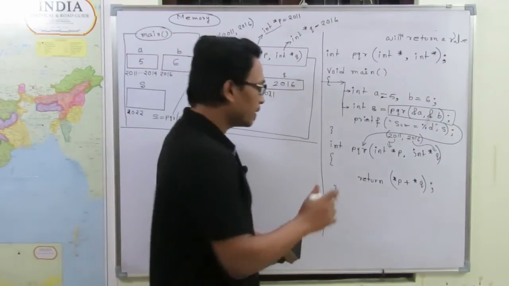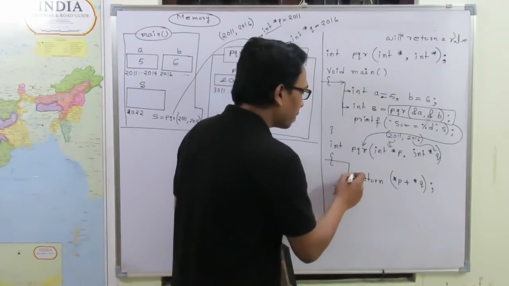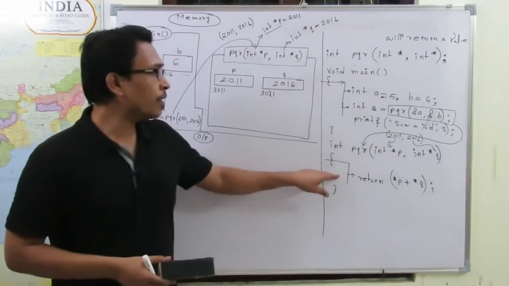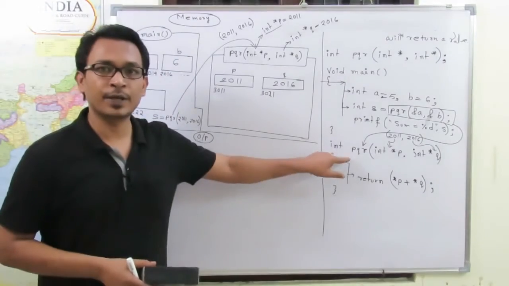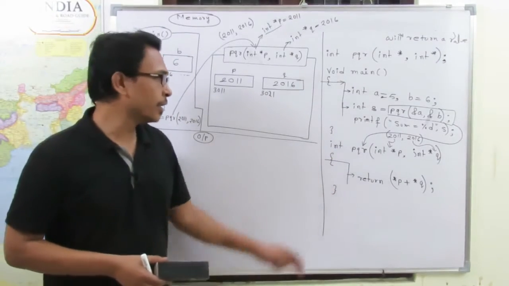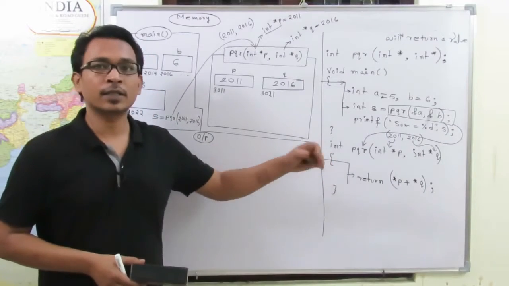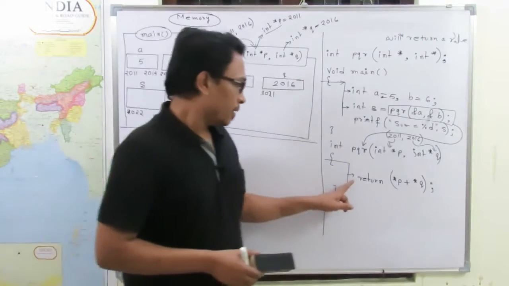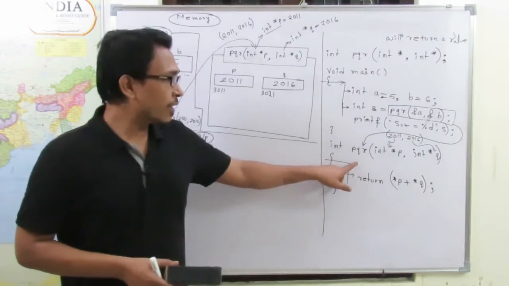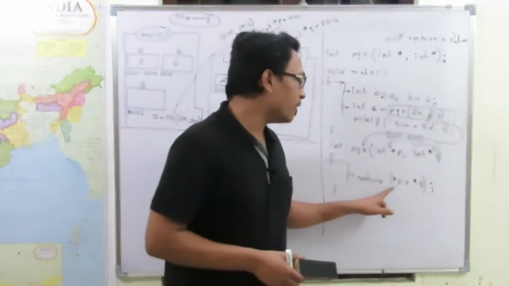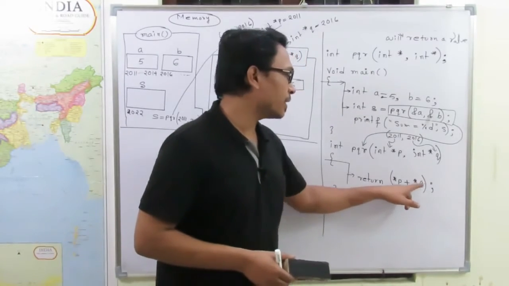Next, the system enters into the function body of pqr. It encounters the instruction return *p + *q.